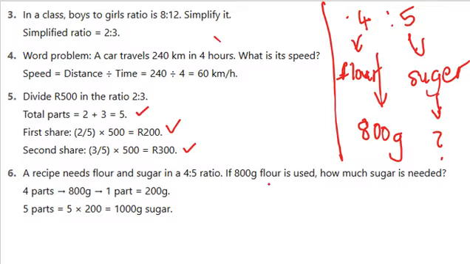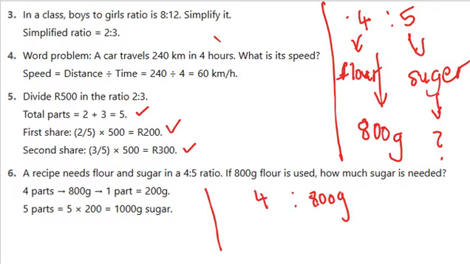Okay, so the first thing that you must do, Lungi, is first find, you can see what you're given. You're given 4 units of flour that gives 800. If you are given such a question, you must first find what 1 unit of flour will be like. So it means we have a new ratio of 4 is to 800 grams. Which means this ratio is only for flour. 4 units of flour gives you 800 grams.